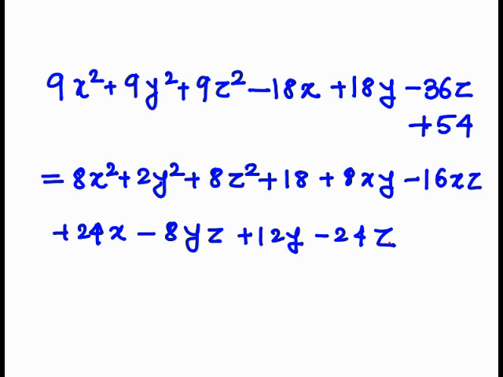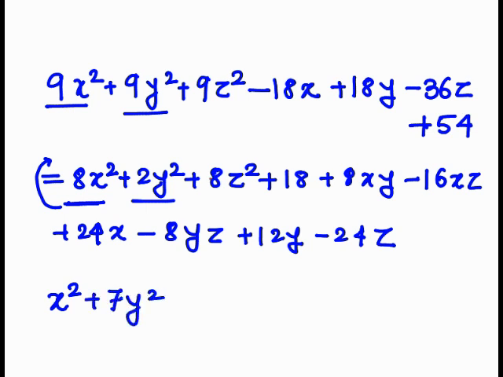Now we collect the similar terms. If we take these right side terms to this side, the sign gets changed. So let's take one by one. 9x square minus 8x square, we get x square. 9y square minus 2y square, we get 7y square. 9z square minus 8z square, we get z square.